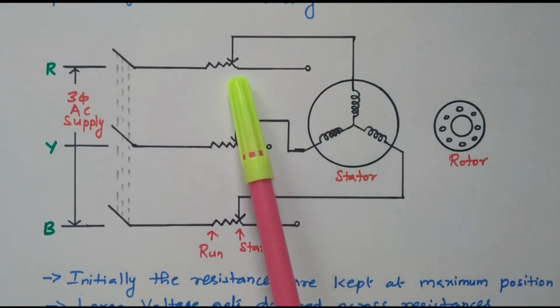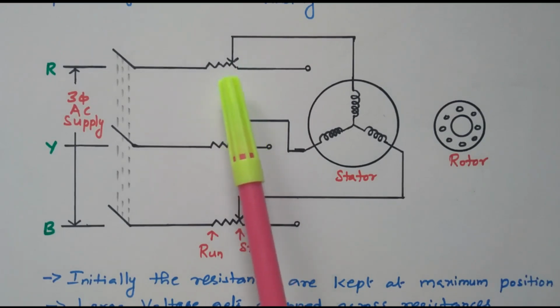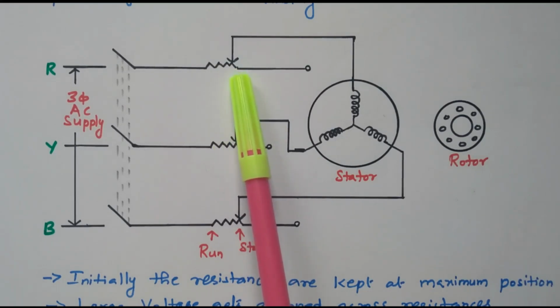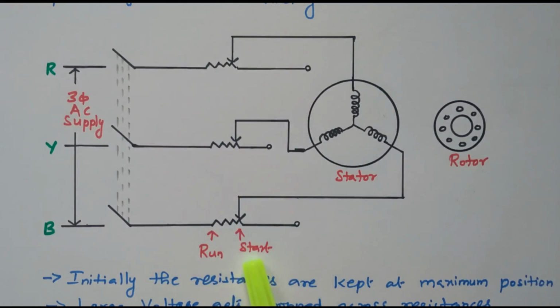After that, this resistance is gradually decreased by moving the position from the starting position to the running position, so that the voltage applied to the stator gradually increases, and the current taken by the stator also gradually increases.